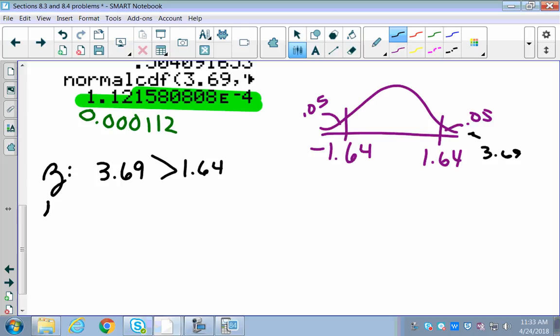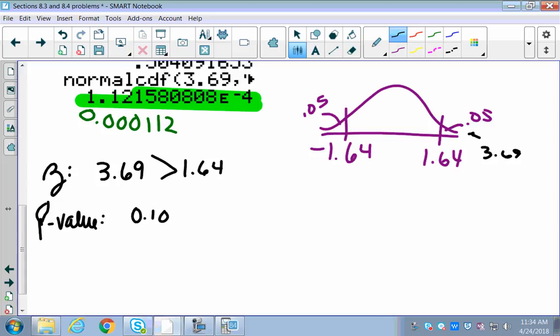To do my p-value test, I'm going to compare 0.10, and I'm going to compare it to not 0.000112. It's a two-tailed test, so I have to remember to what?